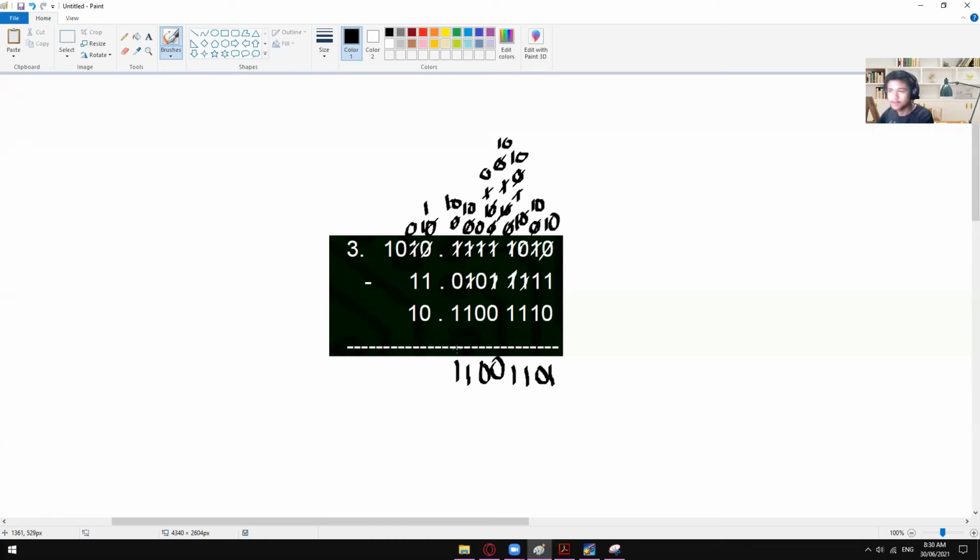Okay, very good. So 1 minus 1 is 0, and then 0 minus 1 cannot be, so we have to borrow. Same logic, since this one doesn't have anything, he has to borrow first. So 1 will become 0, 0 will become 10, 10 will become 1, and then 0 will become 10.